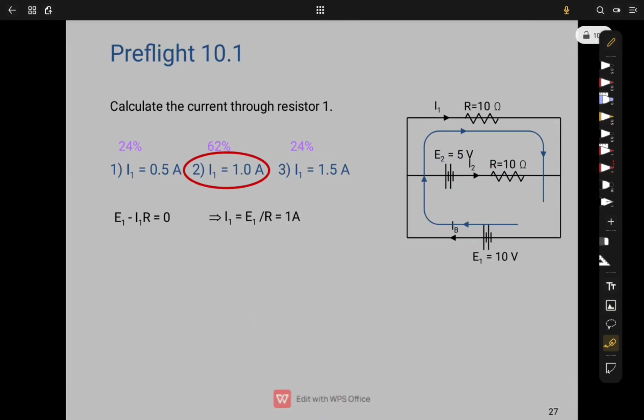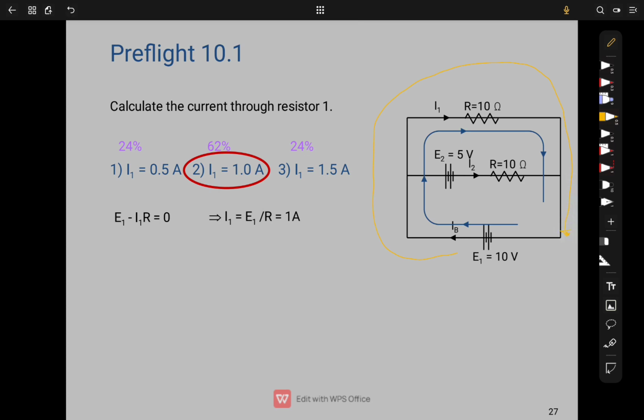So dito, pre-flight 10.1. So calculating the current through resistor 1. So dito po, nakikita natin agad na yung looping na ginawa sa presentation natin is dito sa malaking loop siya.